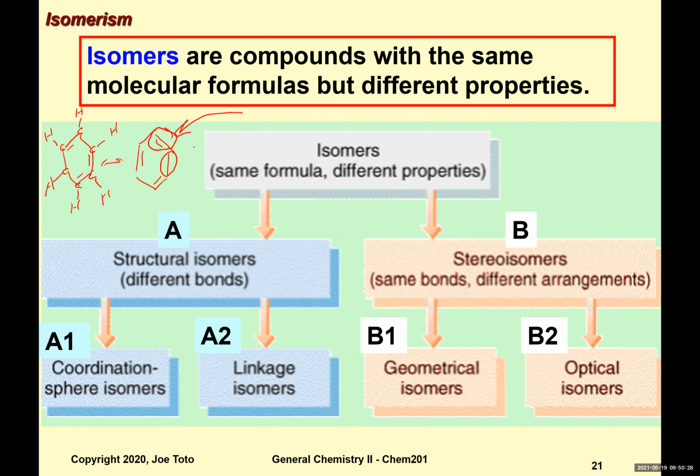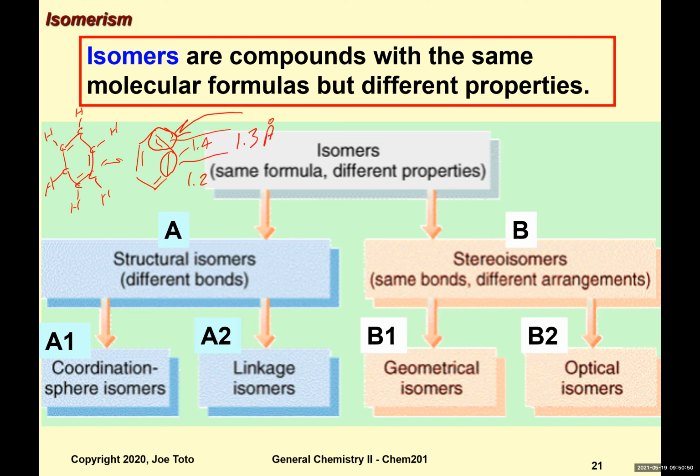They're an average between the double and the single bond. So if the single bond was 1.4 angstroms and the double bond was 1.2 angstroms, we find that each one of these bonds in benzene is 1.3 angstroms.